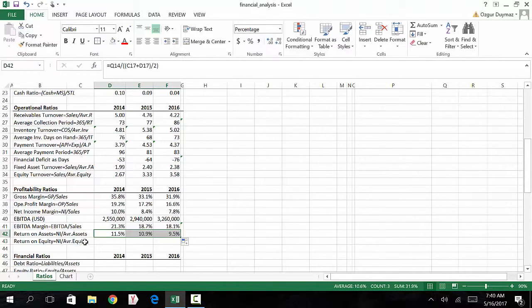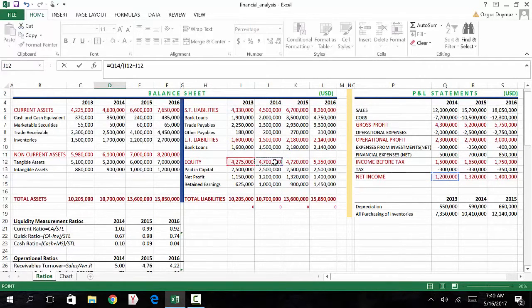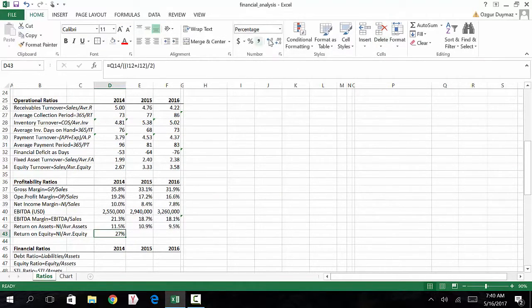And return on equity, net income divided by average equity. If you look at the bright side for these two ratios, despite increasing loan, the company keeps its profit.